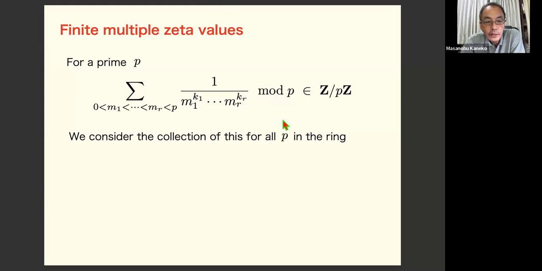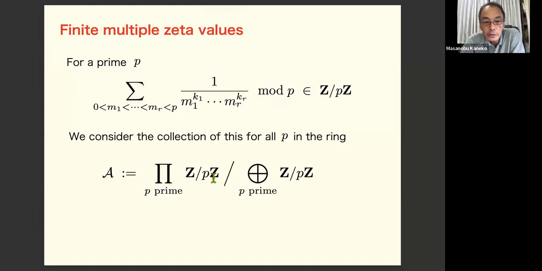And it was Zagier who proposed to consider the collection of all these for all p, but not in a direct product, but instead the quotient of the direct product over all p of Z over pZ divided by the ideal of the direct sum. The direct sum has all but finitely many components equal to 0. So from some point on, all 0, 0, 0.